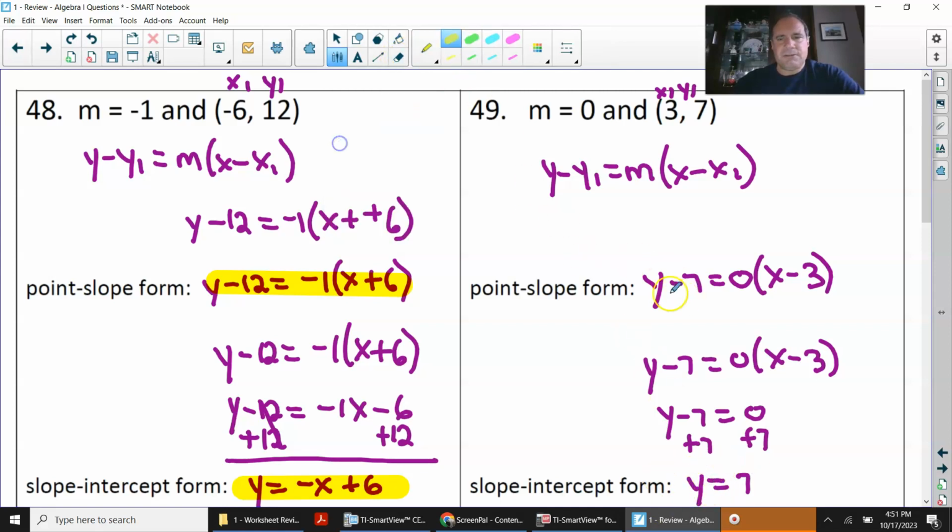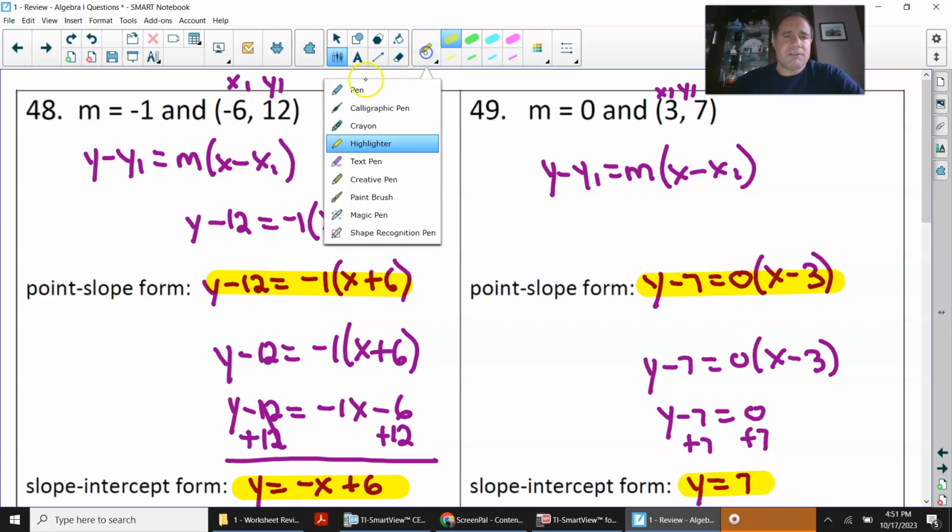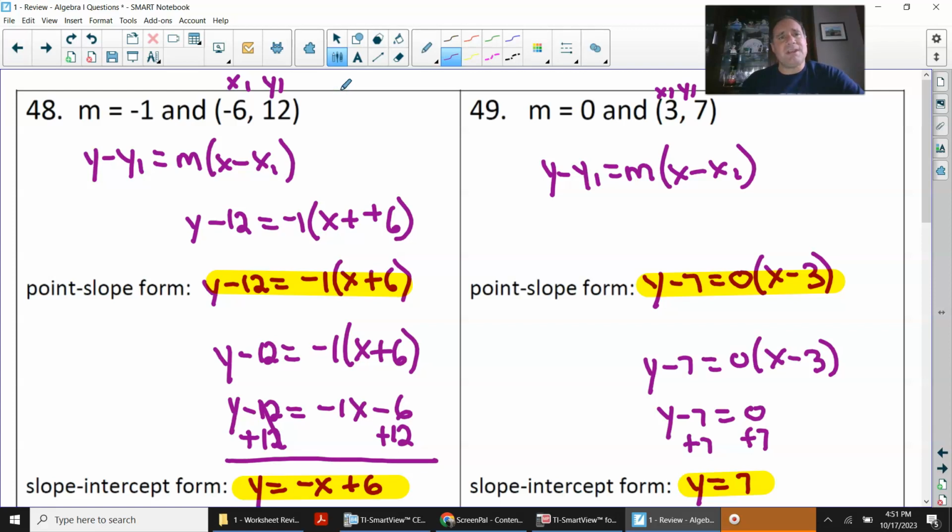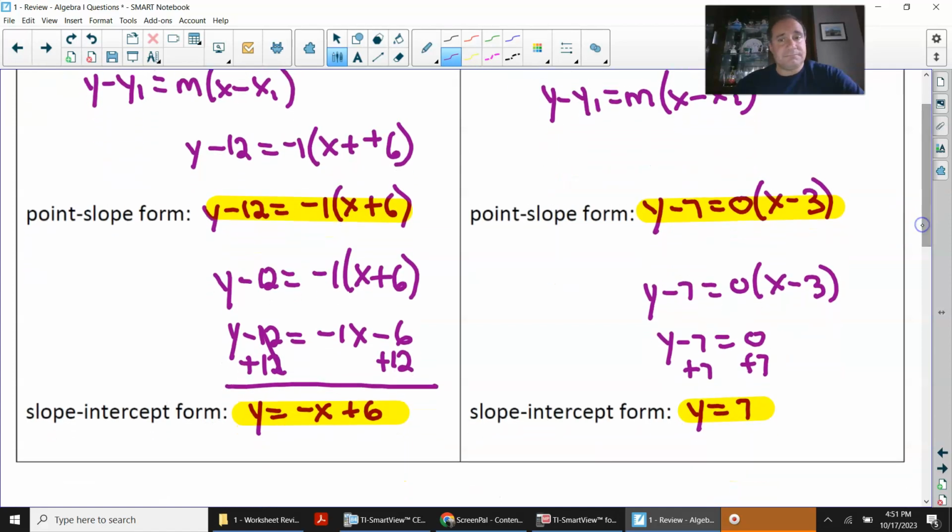You have two answers: point slope form here, and slope-intercept form. Remember, it's a horizontal line, so y equals 7 is what you have. All right, you solve them for y, and that's it. So y equals 7 would be your slope-intercept form.